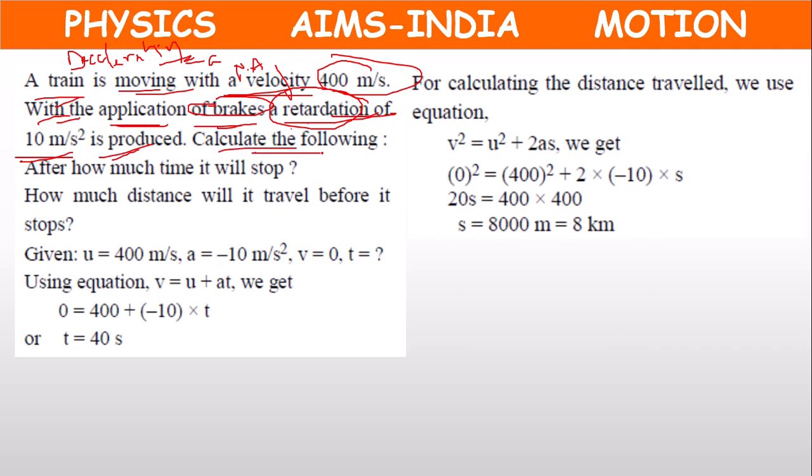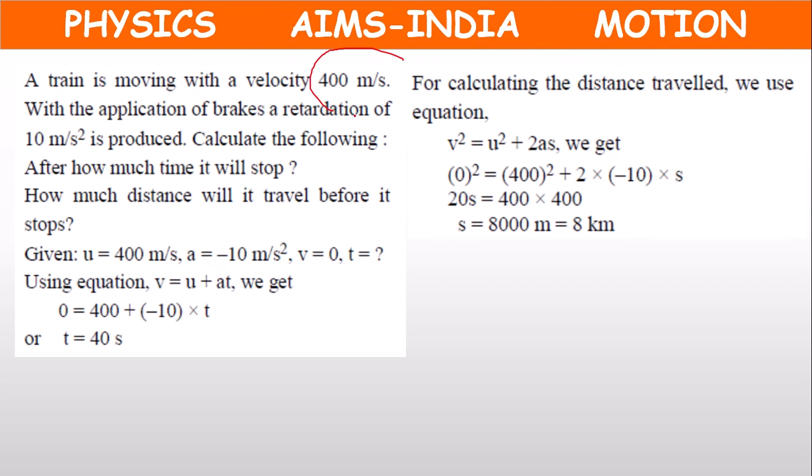So calculate the following. First one, after how much time will it stop? That is one question. How much distance will it travel before it stops? That is another question. Given that, the initial velocity is 400 meter per second and the retardation is 10 meter per second square.